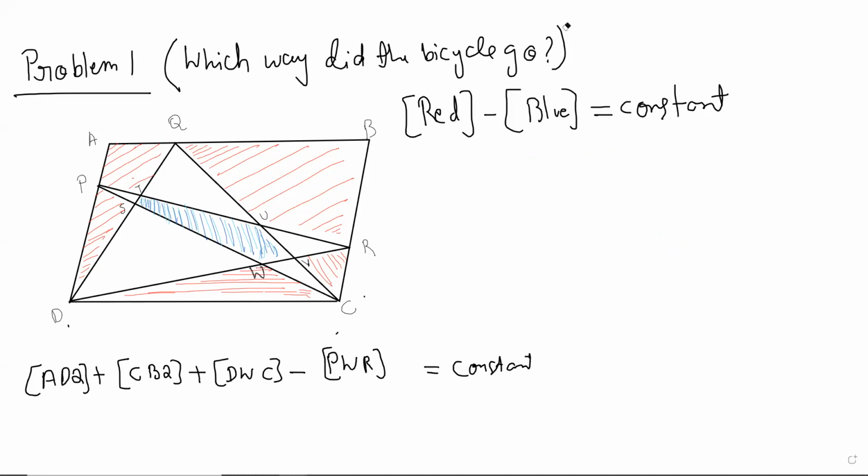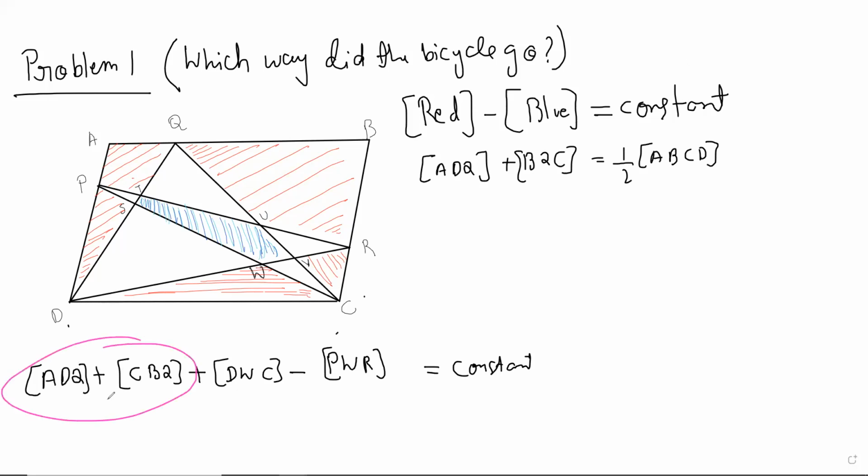Now, how do you show this? This is maybe just the first step. But we do know that ADQ plus BQC, this was the observation which maybe motivated it. So already we know that ADQ plus CBQ is equal to half of ABCD.